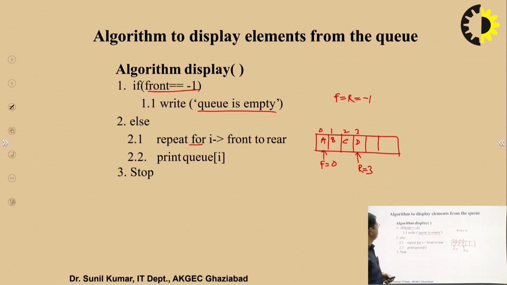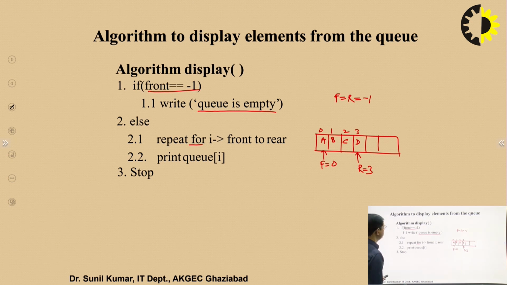Now we are going to discuss the algorithm that is used for displaying the elements from the queue. We have applied insertion and deletion a number of times, and at a particular time we want to check what elements exist in the given queue.